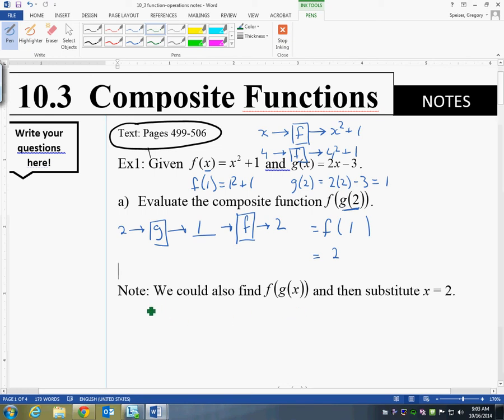So let's start again, and maybe I'll rewrite. I've got f of x is equal to x squared plus 1, and g of x is equal to 2x minus 3. We want to start from the inside again.